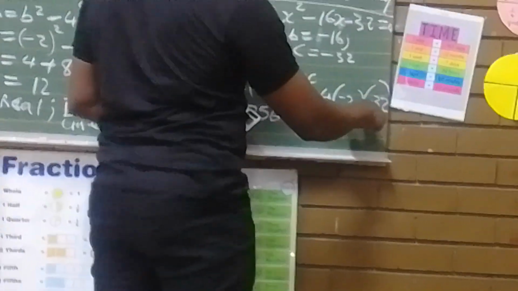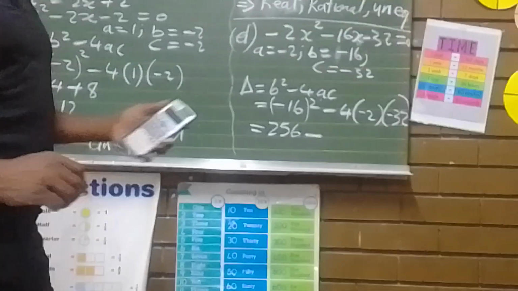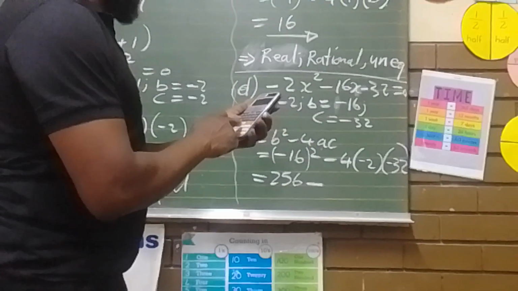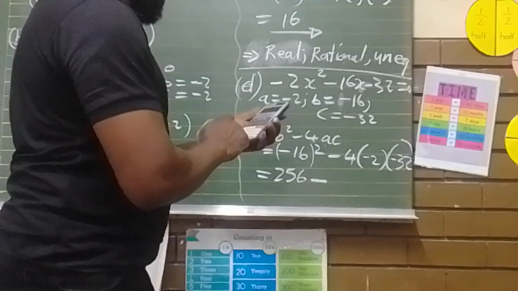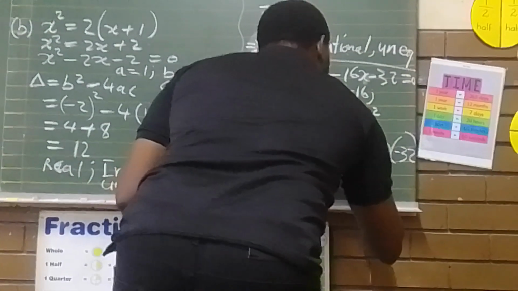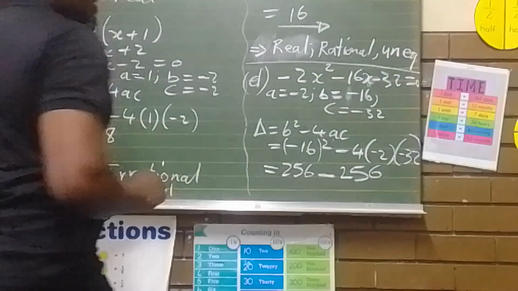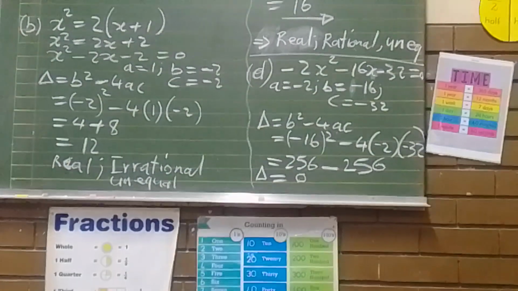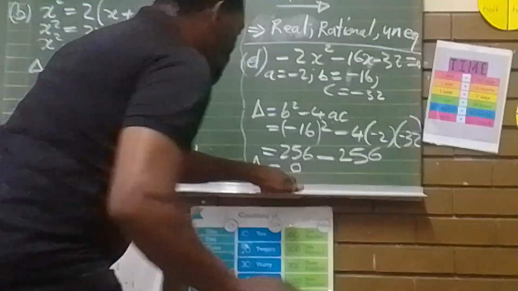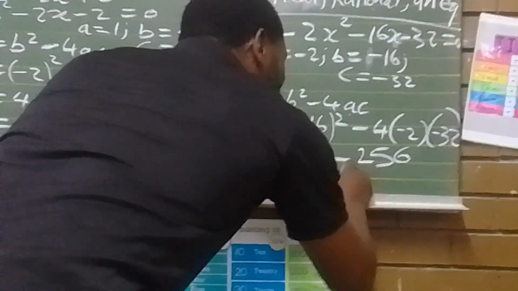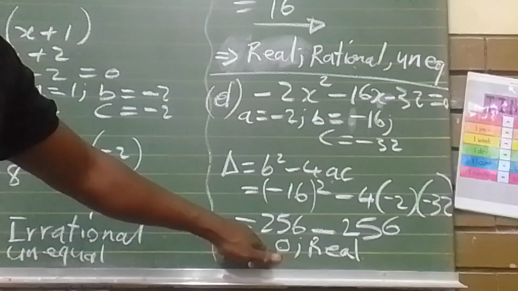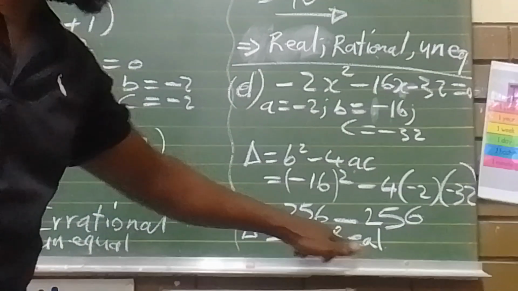A positive times negative is negative. You subtract the number that you are going to get here. What is 4 times 2? It's 8 times 32. It's 256. This is what I wanted to get. Now your discriminant is going to be 0. It means that this value is real. You start at real. 0 is a perfect number. Then it is going to be rational.